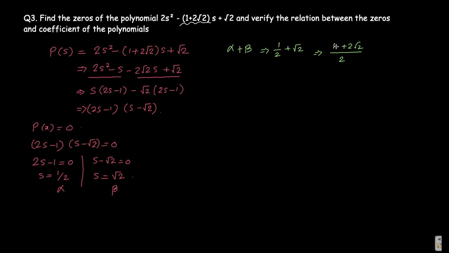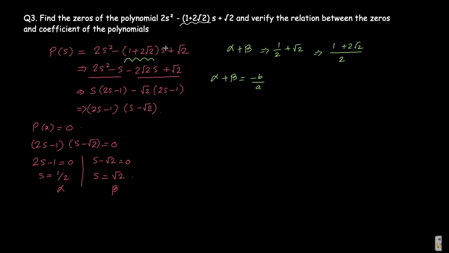Now we can write alpha plus beta is equal to minus b by a. What is b over here? The coefficient of s is minus of (1 plus 2 root 2). The coefficient comes along with its sign. If it is minus 2, then the constant term is minus root 2. If it is minus 2s square, then the coefficient of s square is minus 2.